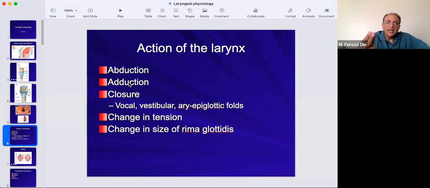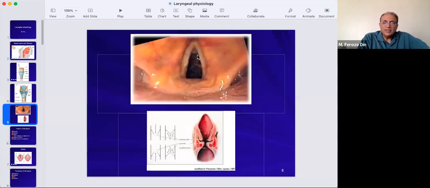Adduction. And this closure is not only at the level of the vocal cords, but also the vestibular folds, also called the false vocal cords, which I showed you in the previous diagram, and the aryepiglottic folds. So in this diagram, the vocal folds, the vestibular folds, and the aryepiglottic folds.